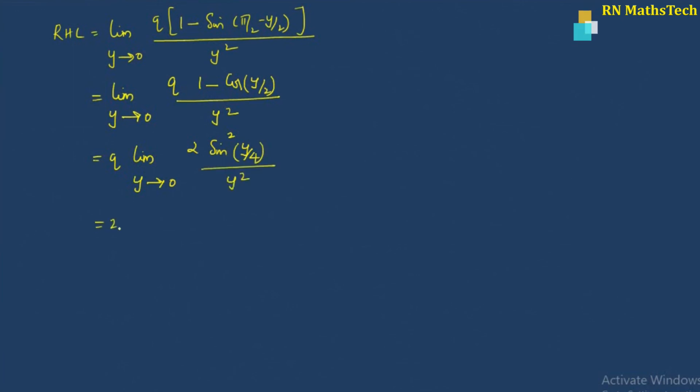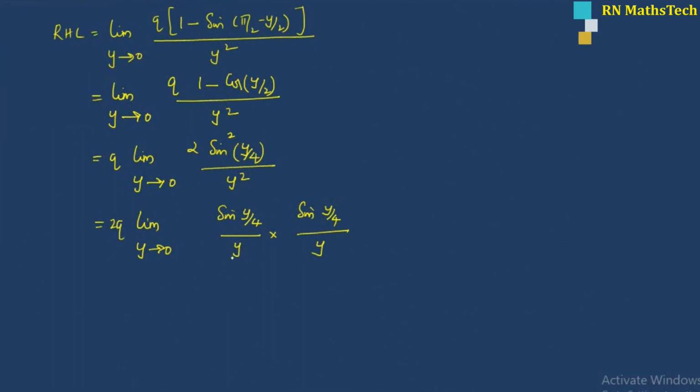So 2q into limit y tends to 0 of sine square y by 4 is sine y by 4 times sine y by 4, and the denominator y square is y times y.